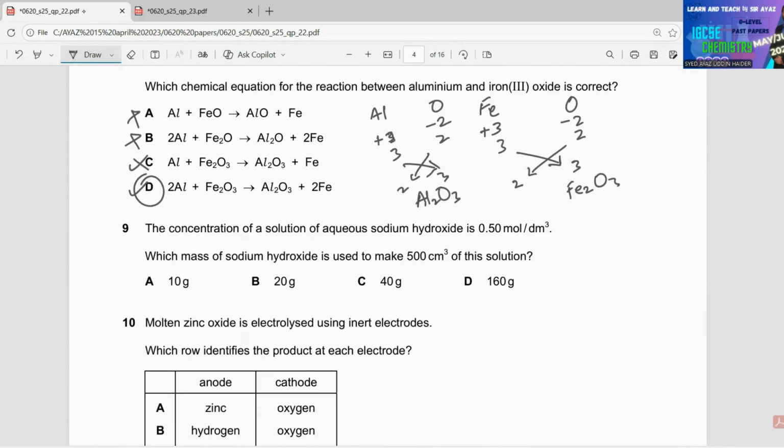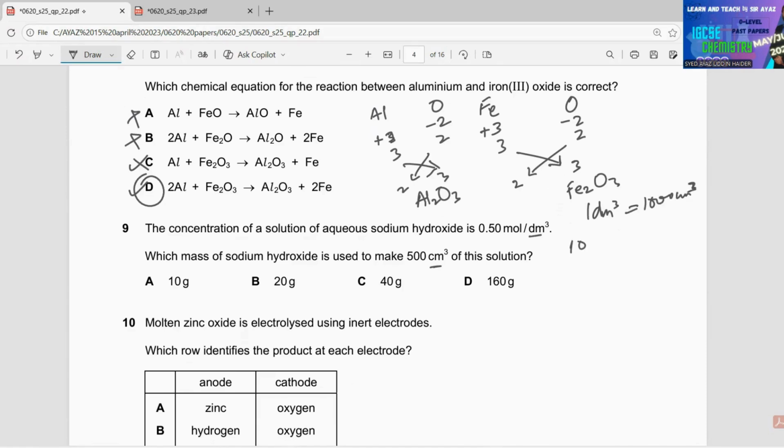Number 9. The concentration of a solution of aqueous sodium hydroxide is 0.5 mole per dm cube. Which mass of sodium hydroxide is used to make 500 centimeter cube of this solution? What we'll do, we'll first convert this dm cube into centimeter cube. You know 1 dm cube is equal to 1000 centimeter cube.